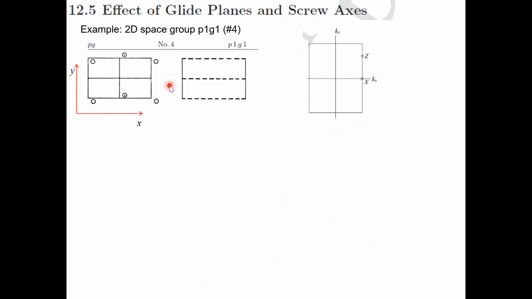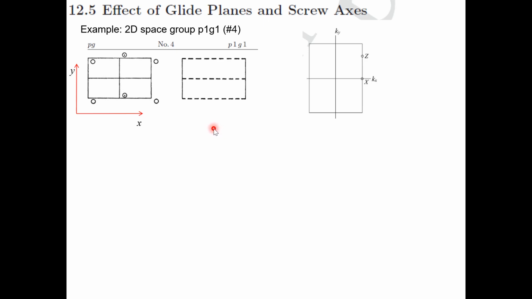All right, so let's move on now. This is the final section of this chapter, and we are going now to consider the effect of glide planes and screw axes. That means the effects of nonsymmorphic space groups, and as we are going to see, this has some interesting effects on the degeneracy of band structures in certain high symmetry points.